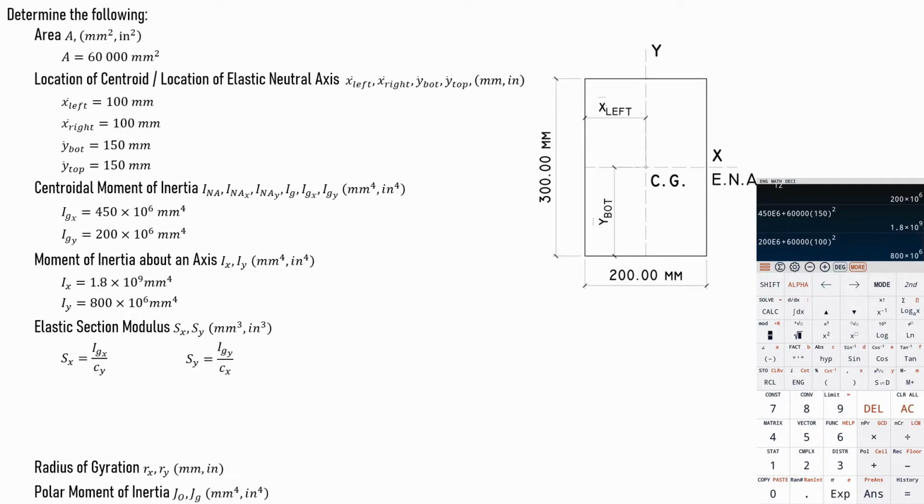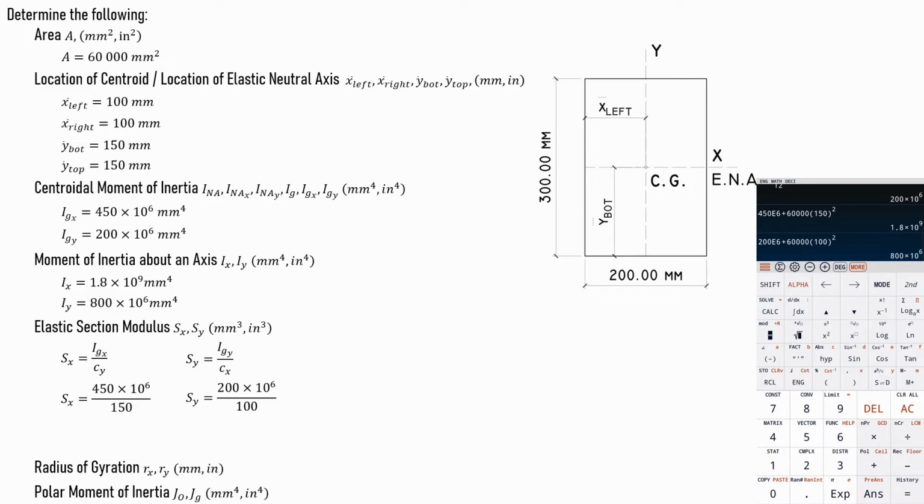So solve natin. Substitute natin yung mga values. Dahil yung farthest fiber natin para dun sa x ay nakalagay dito, pwedeng y bar bot or y bar top, tulad lang din naman yung value. So 450 times 10 raised to 6 over 150.